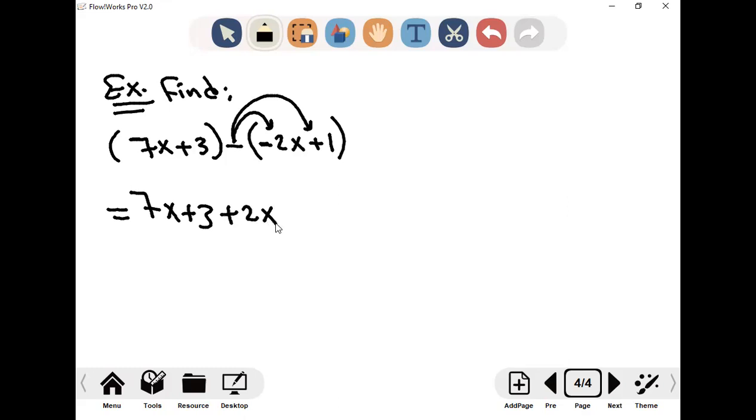Negative with positive. Did we understand? After I do this step, it makes me avoid what? Confusion, so that I don't get mixed up. Now it's ready. 7x with what? How much? 9x. 3 minus 1.